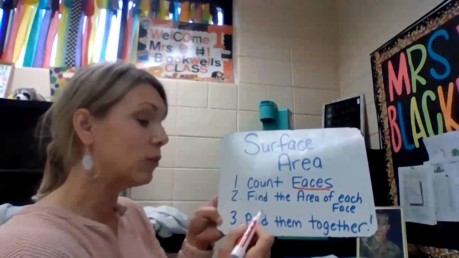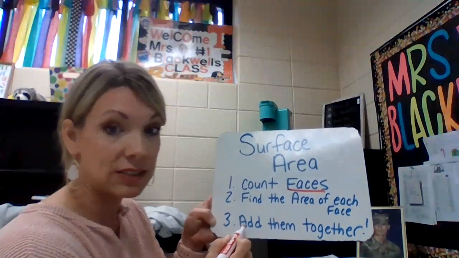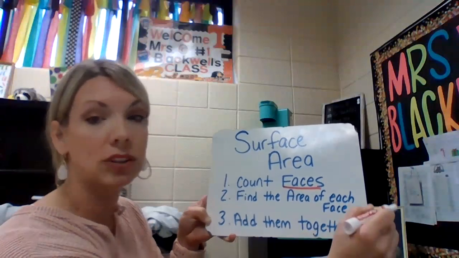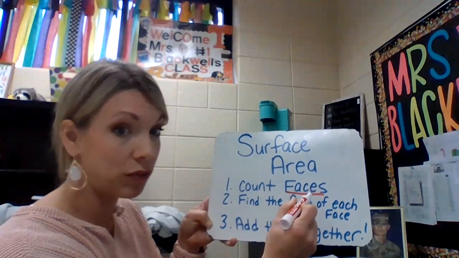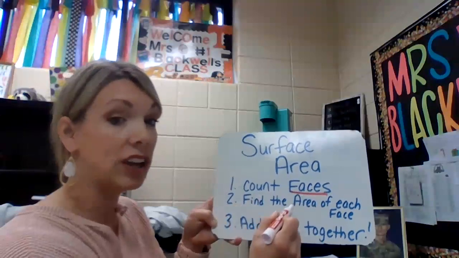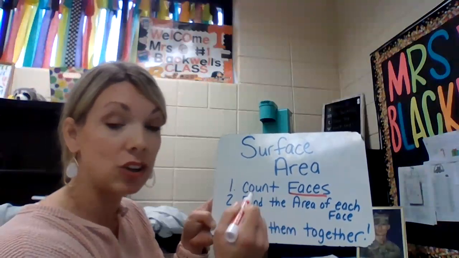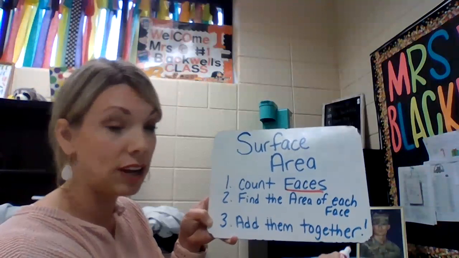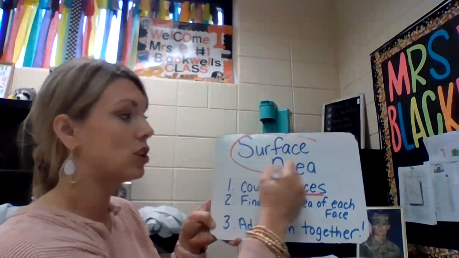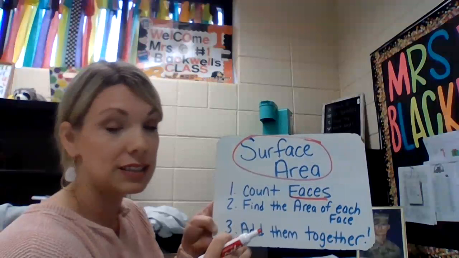All right, lastly, when you have all of the areas for your faces, add them all together. So you count your faces, see how many there are first, so you don't forget any. Find the area of each face, look for your base and your height, multiply, and then add those all together. And that's how you find your surface area. That's counting all your faces and adding them all up.